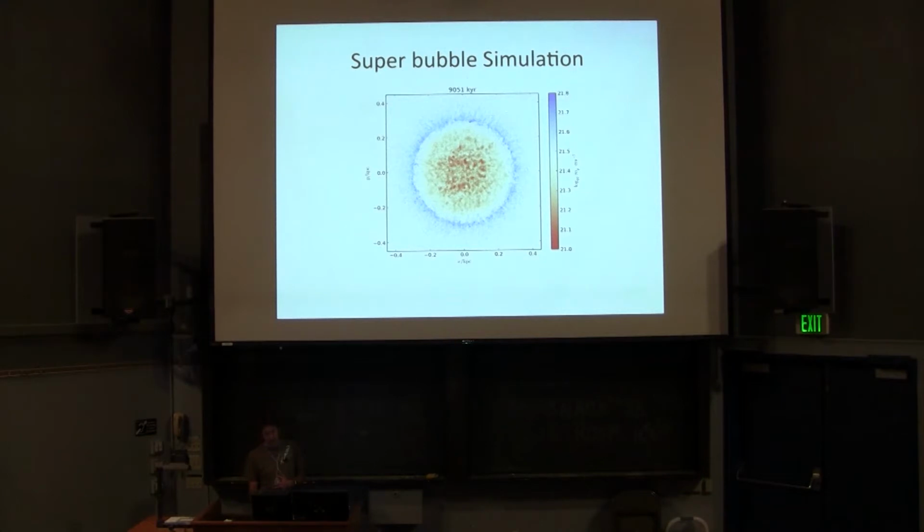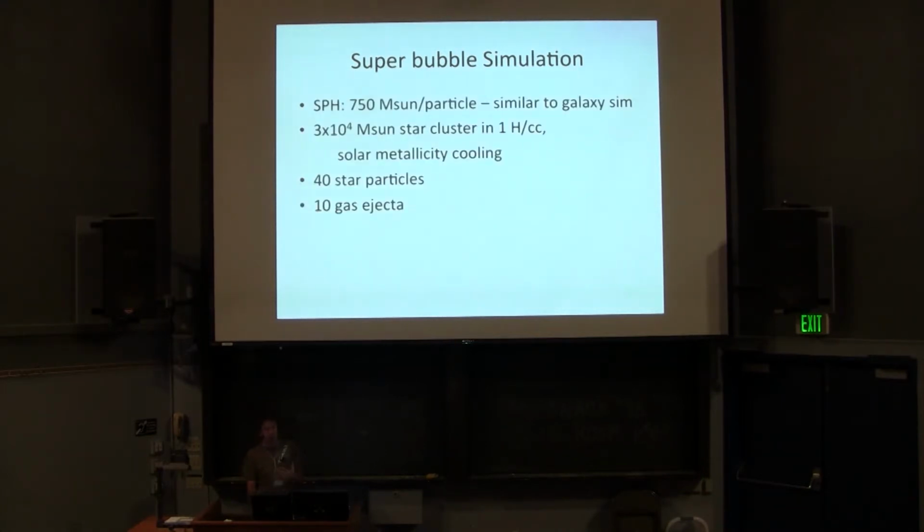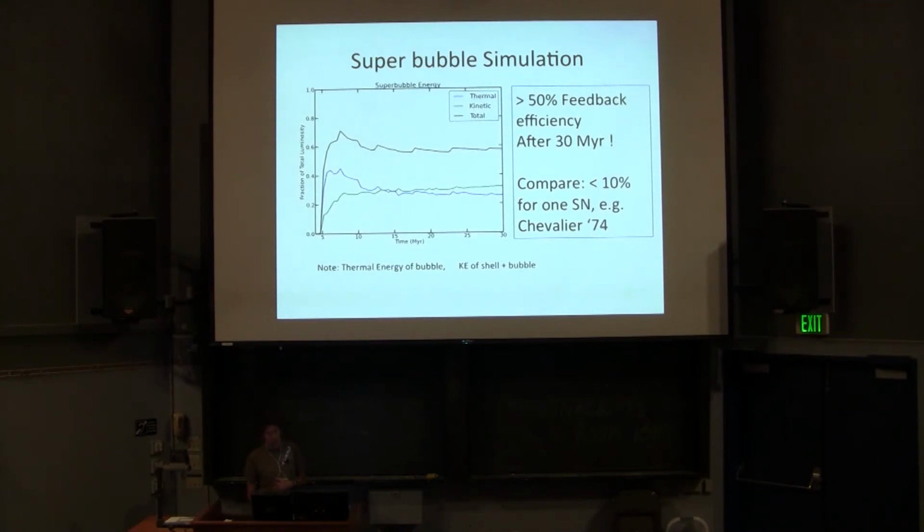So the simulations we're doing, we want to mimic essentially what we're able to do within a galaxy formation simulation. So we have individual star clusters around 3×10⁴ solar masses, and we wanted to see whether we could capture the essential behavior of a superbubble with this kind of resolution, right? And so this is what we were able to get.